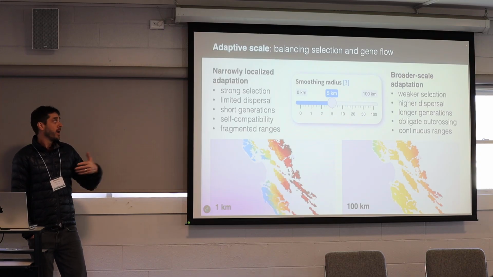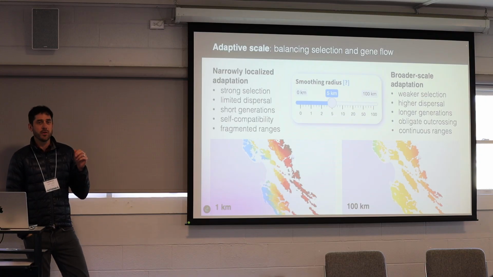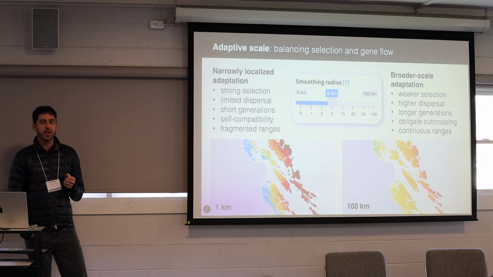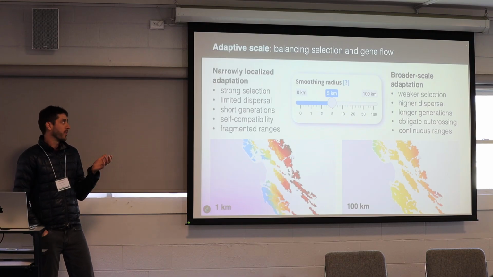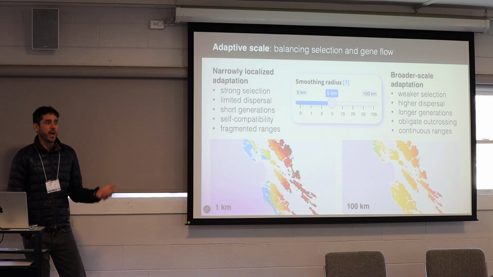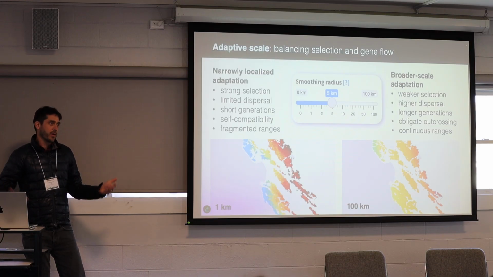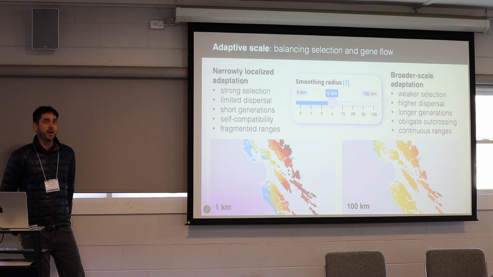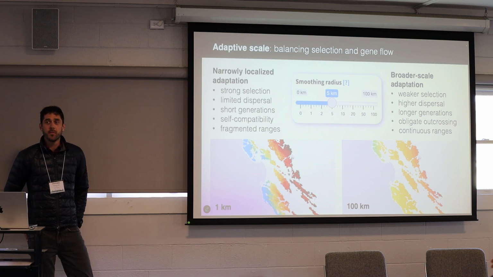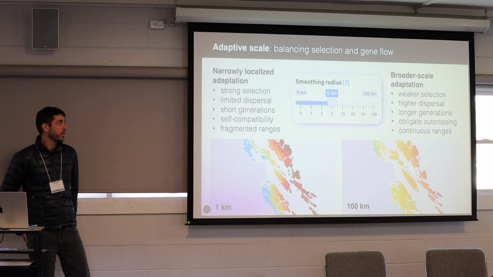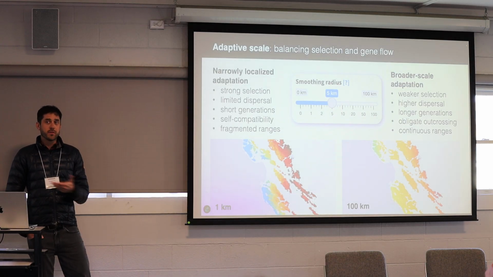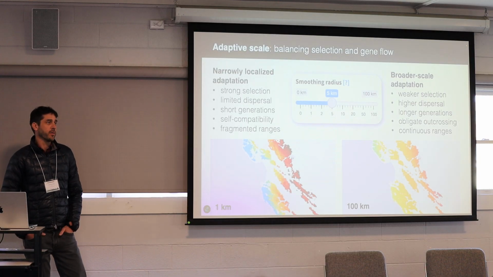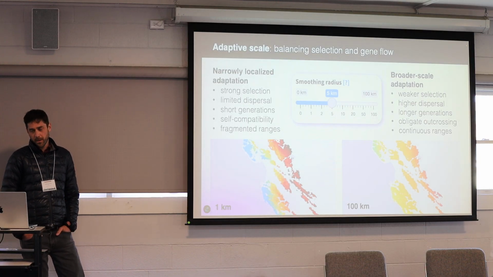It could be anything from the hyper-local microsite where those particular seeds were collected, if it's a species where there's really fine-scale local adaptation, all the way up to hundreds or even thousands of kilometers as the relevant scale of climate data to think about what the optimum for a species or a population might be, if it's a species that has a lot of large-scale gene flow that's homogenizing adaptation patterns over large spatial scales.